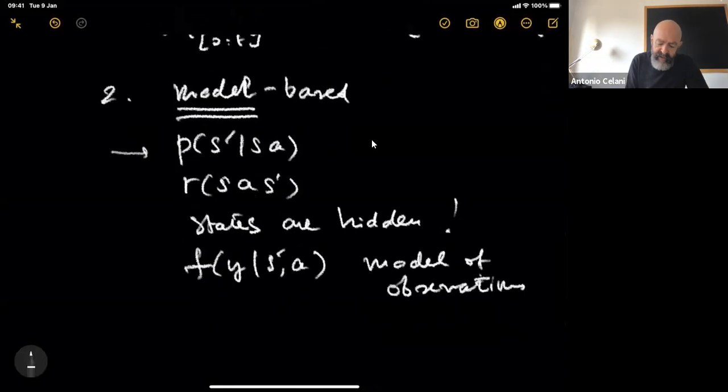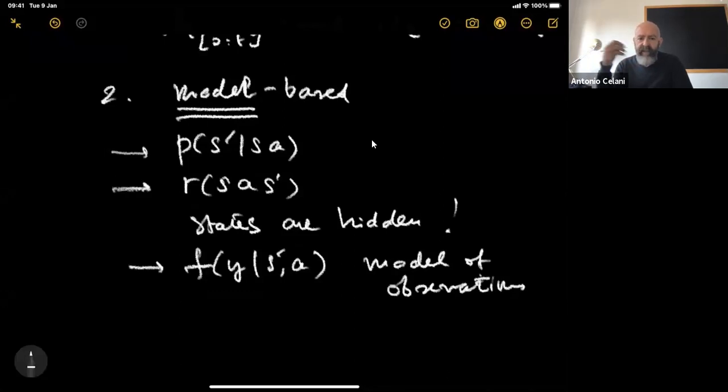So if these three things are known, what we can hope for is to be able still to plan in the future, accounting for the fact that we don't observe the system itself.